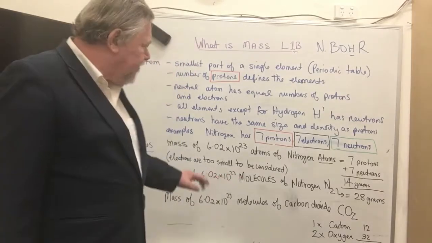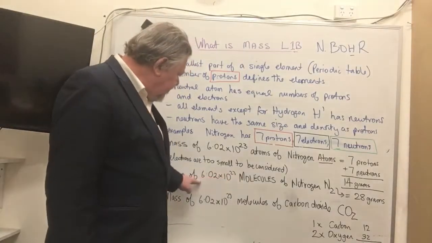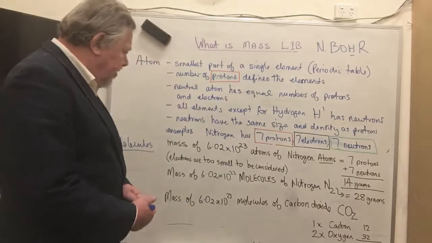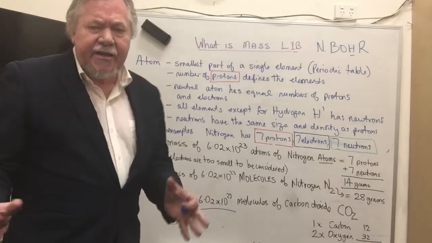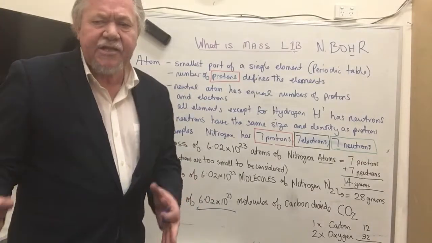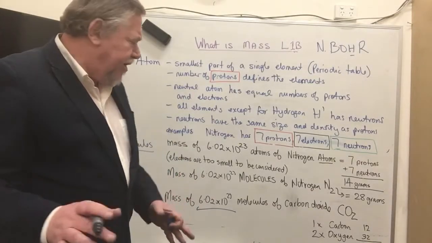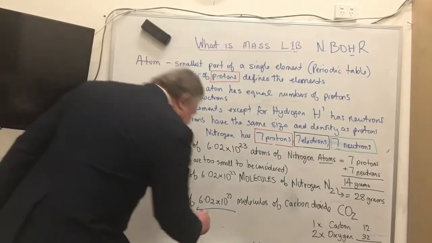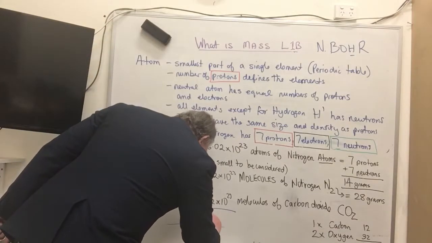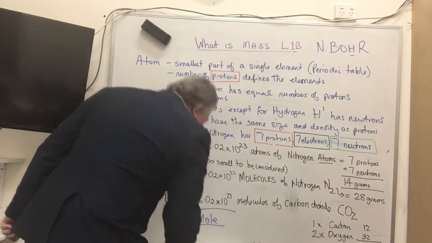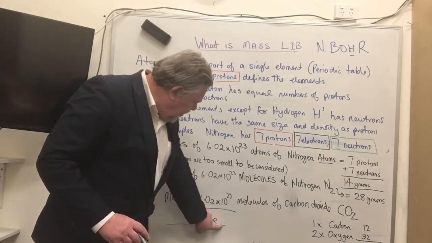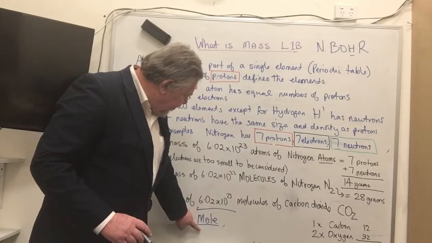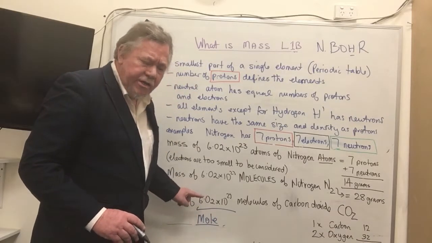And by the way, there's a word for this, 6.02 × 10^23. If we put that many things together, and I can't remember if I said that in the last video or not. If I didn't, then you've got it here, and this is called a mole. Okay, I'm pretty sure I did mention it. So a mole refers to this many of anything.